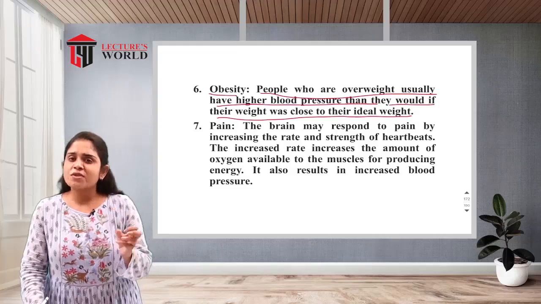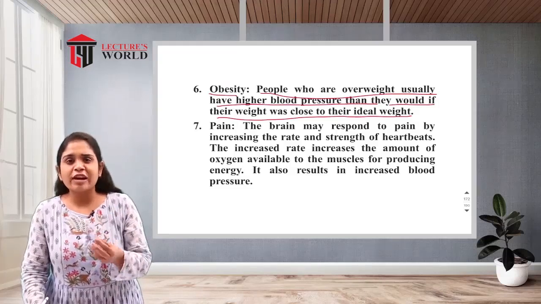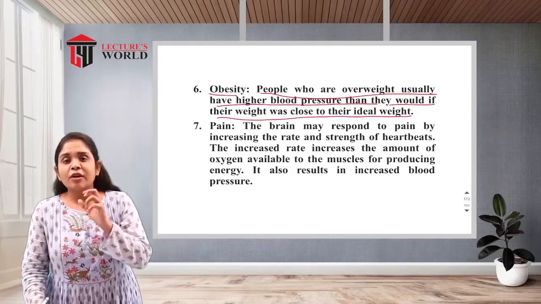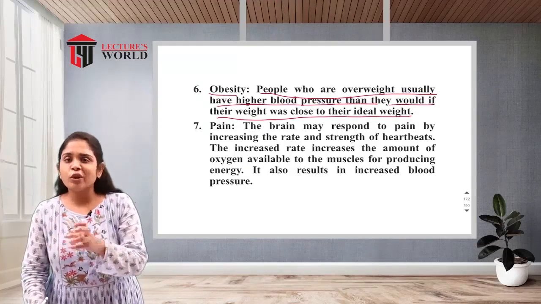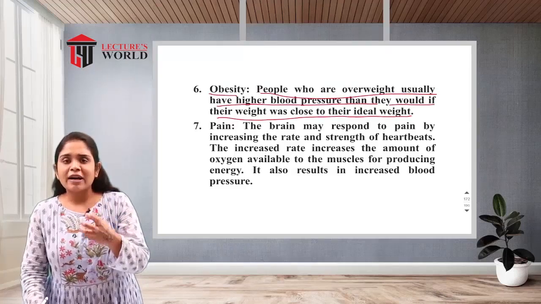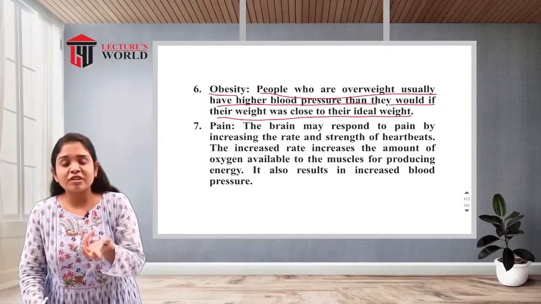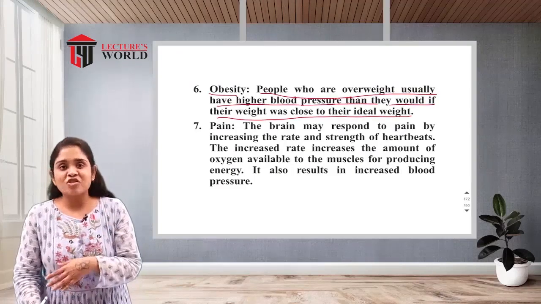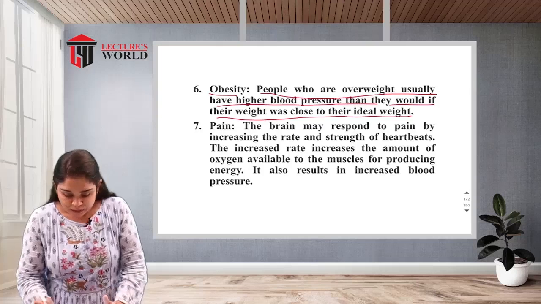So obstruction will be there, accumulation of fat, deposition will be there. Due to that the heart is going to pump more, and the ventricle will get little time to refill with blood. So eventually blood pressure is going to increase.